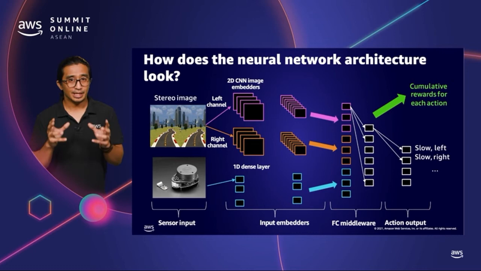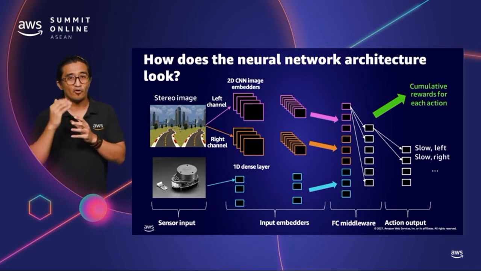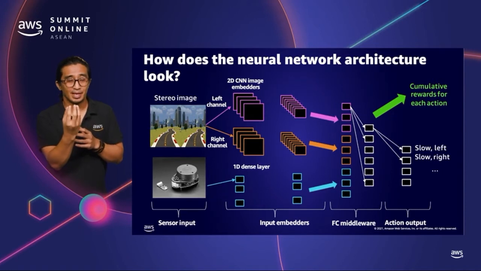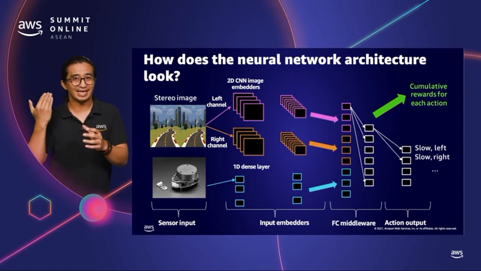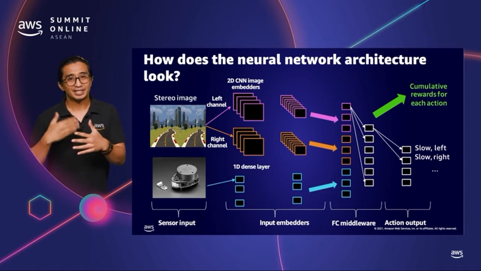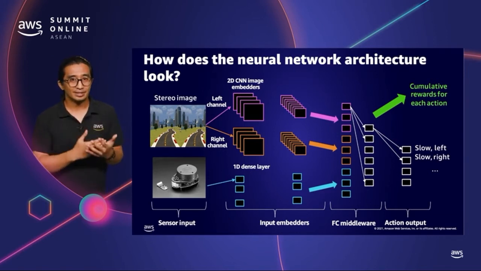But now imagine that when your car is going, it's probably going to see things first with its cameras. But when it is passing them, it's going to see them with the scanning LiDAR. The scanning LiDAR is going to be a one-dimension vector, and we're going to pass the input that is coming from the LiDAR to 1D layers.